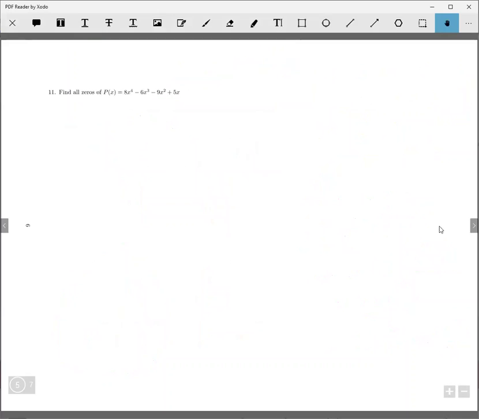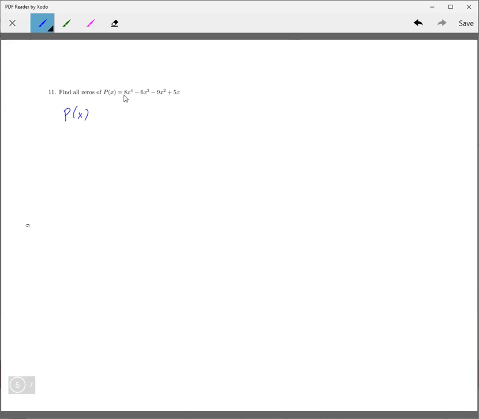Okay, let's see, what else do we have? Number 11. Okay, so this is the last one. With this one, I guess what we can do is, this last term is an x, right?